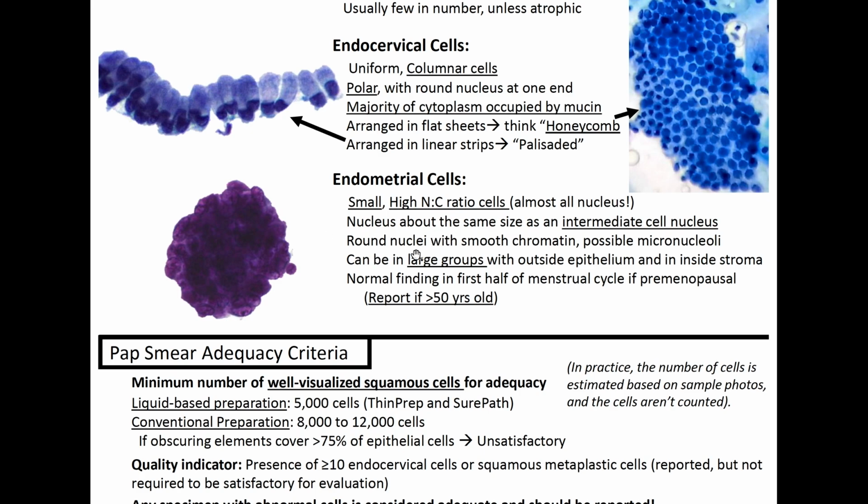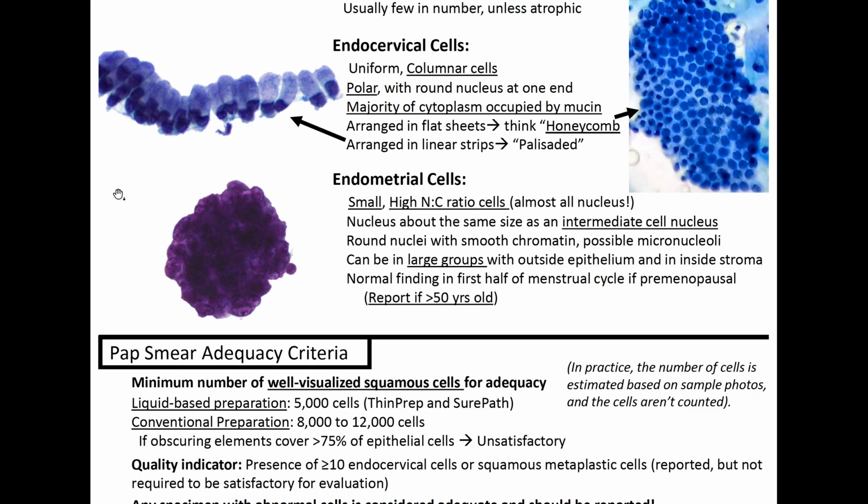And the nucleus is about the same size as an intermediate cell nucleus. And these can be found in large groups, and they're something that you want to report. This says if over 50. I've also heard if over 45, you're going to want to report the presence of endometrial cells. So just look that up and confirm that, just so you have the correct information.